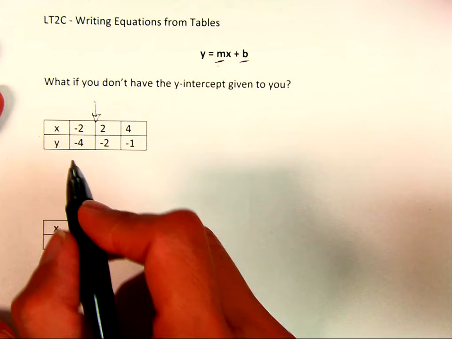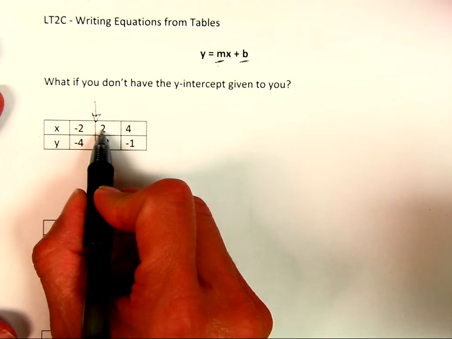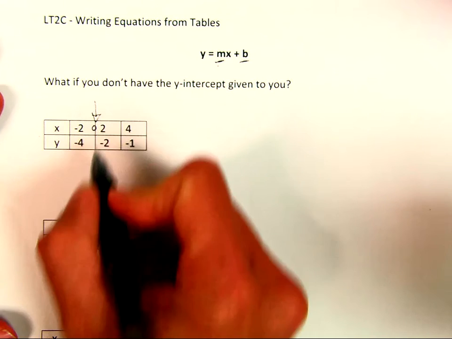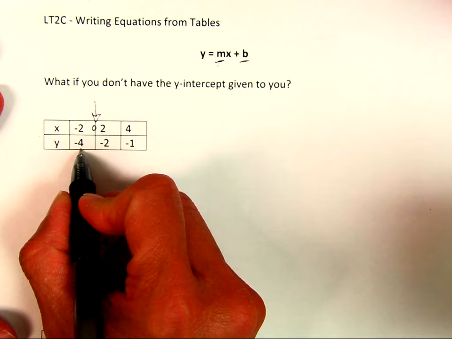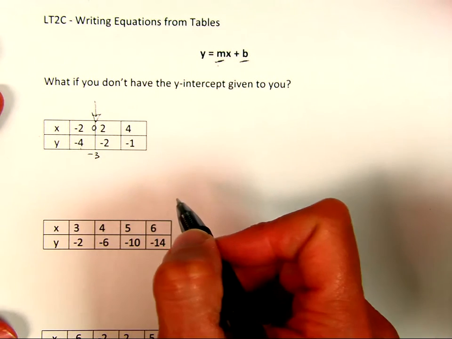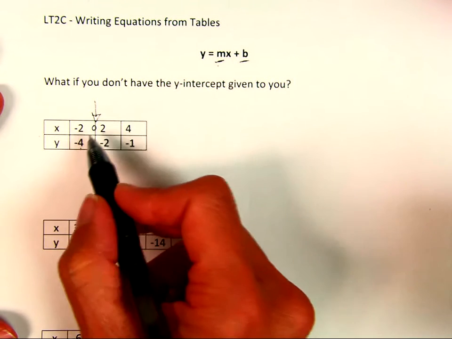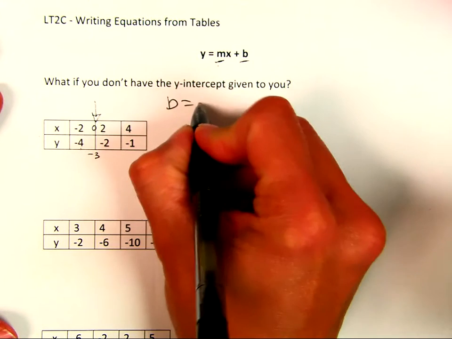So to find my intercept, I have to find the number right between those two things, because that would be 0. Well, what would be right between these two things? Can you think of what number is between -4 and -2? It's -3. So sometimes you can figure it out without doing a lot of algebra, just by logically thinking where it would be and kind of figuring that out. So now I know that my b is -3.